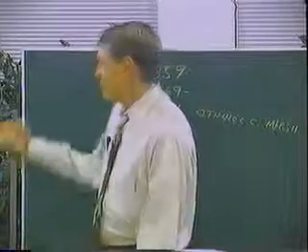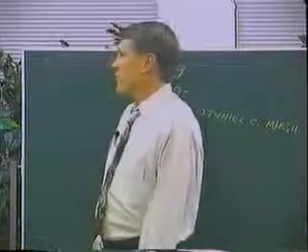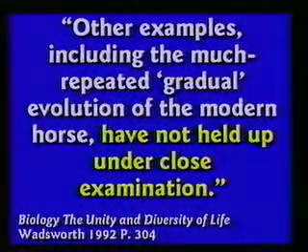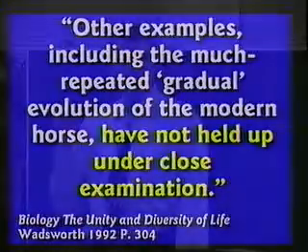Back in this biology textbook, they said the other examples, including the much repeated gradual evolution of the modern horse, has not held up under close examination. What are they saying here? In other words, it's not true.